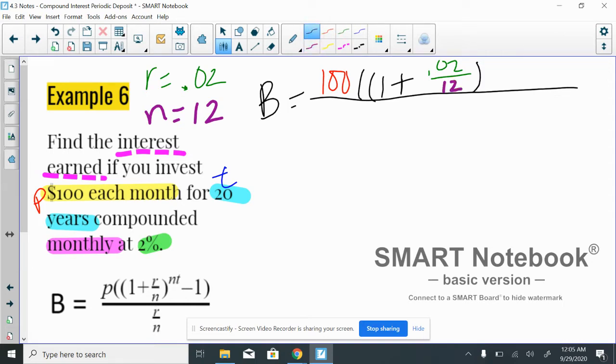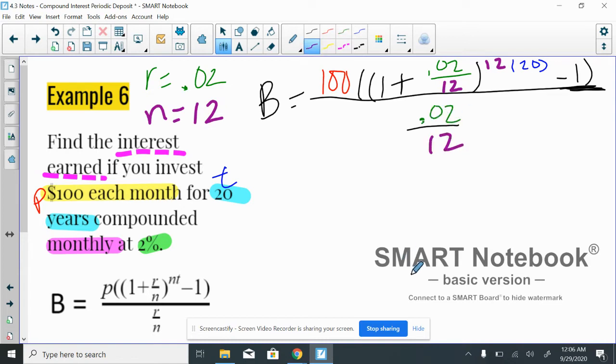And then I'm going to raise that parenthesis to the power of 12 times the time value of 20. And on the end, we will not forget to put the -1 with the parentheses. And then in the denominator, it's going to be that same fraction, the rate over N. So in this example, it's going to be 0.02 divided by 12.